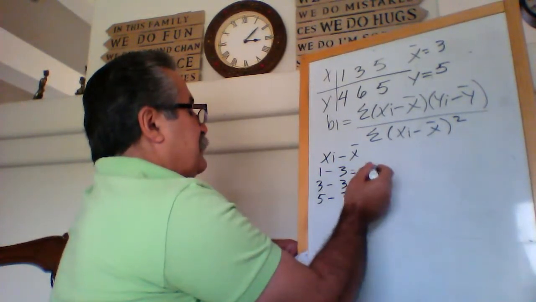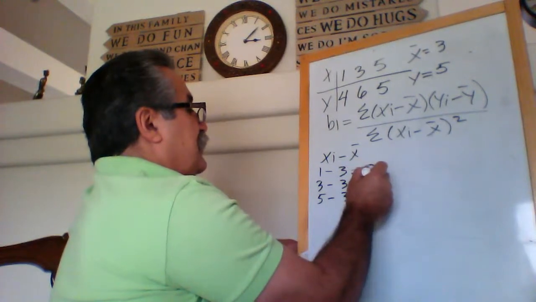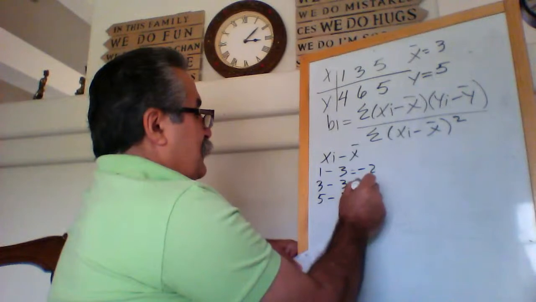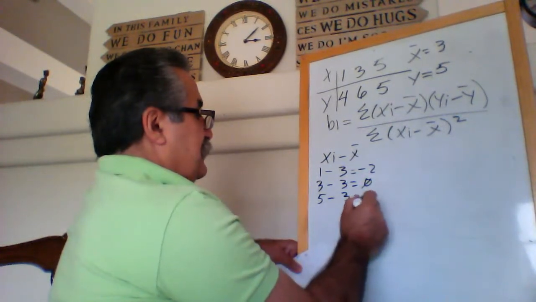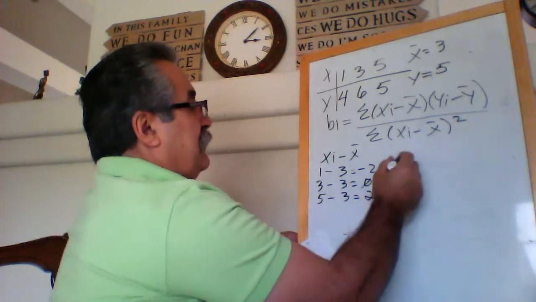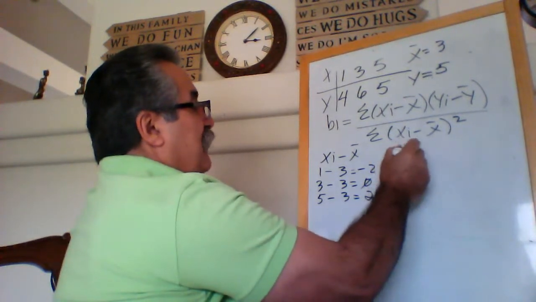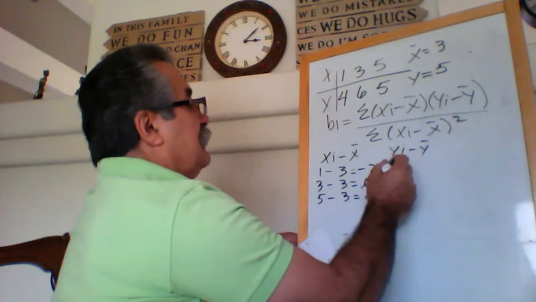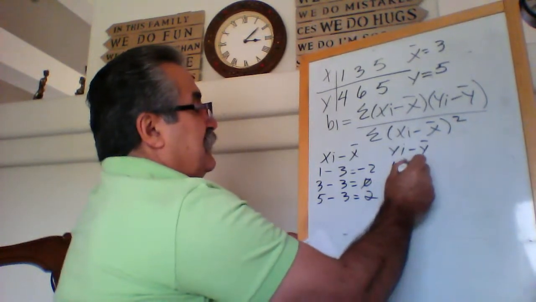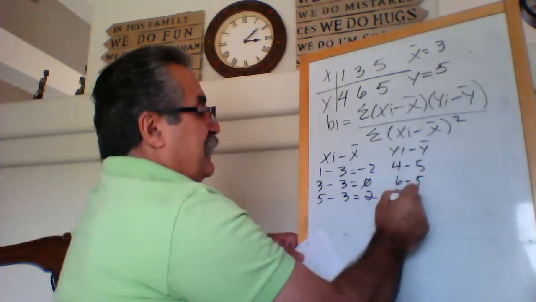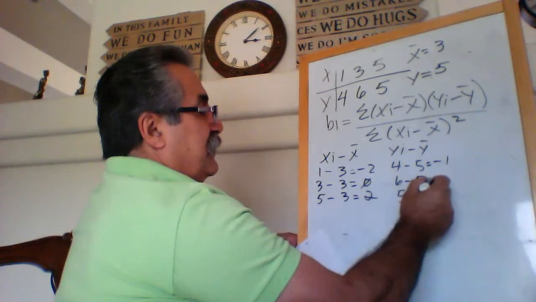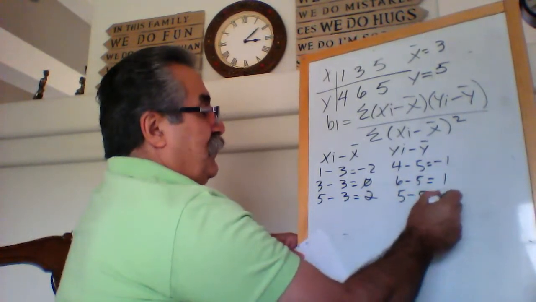This is negative 2, this is 0, this is 2. And then yi minus y bar: 4, 6, and 5, minus 5, minus 5, minus 5. This is negative 1, this is 1, and this is 0.